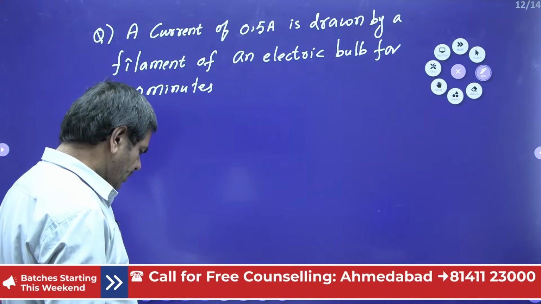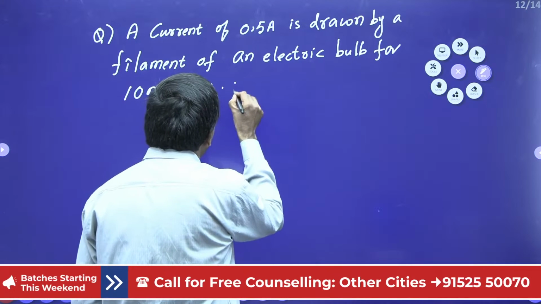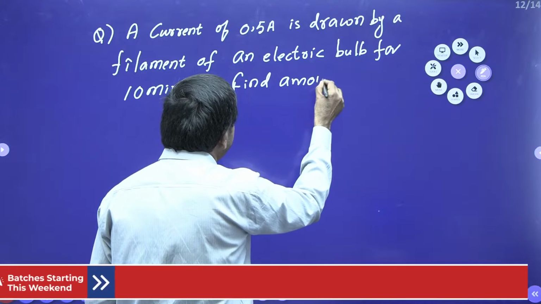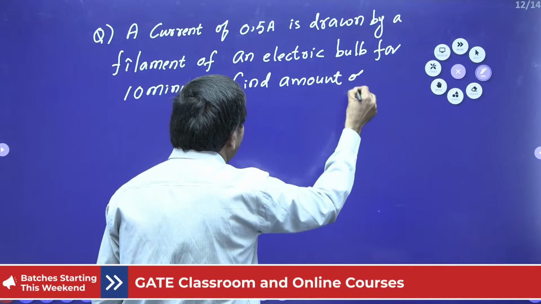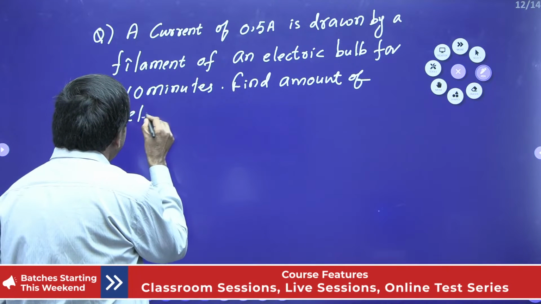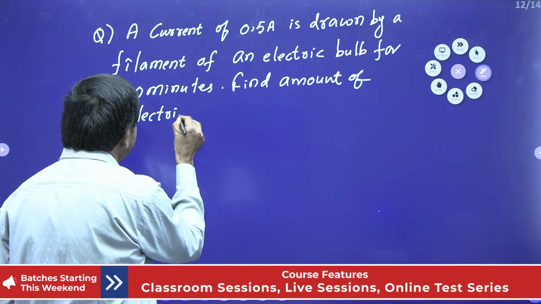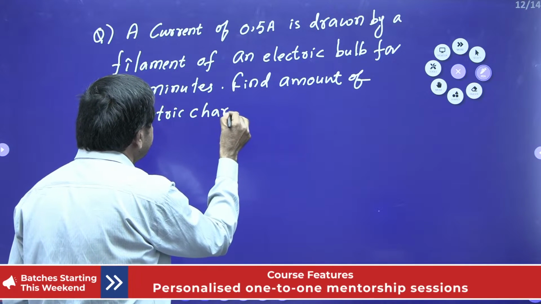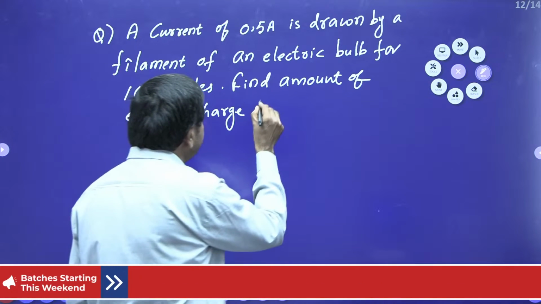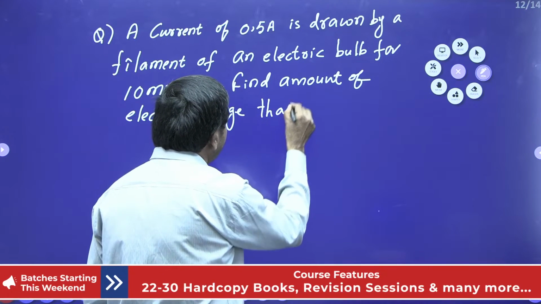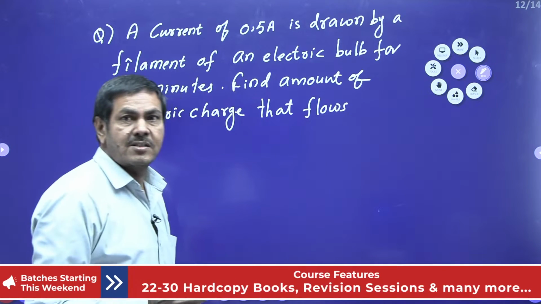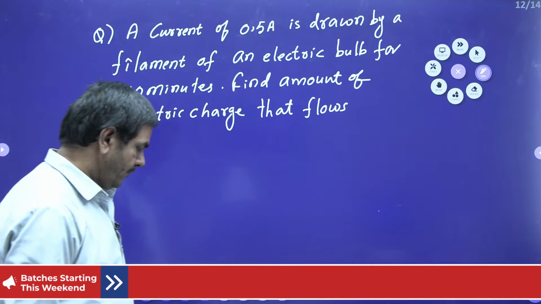Find the amount of electric charge that flows through the circuit. But how to find out the charge? To know this, I am giving it here.